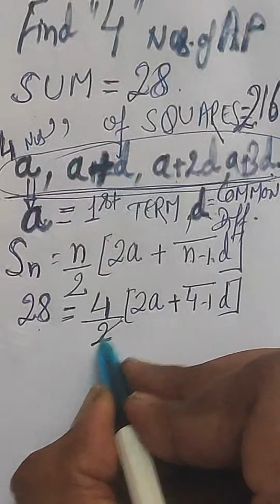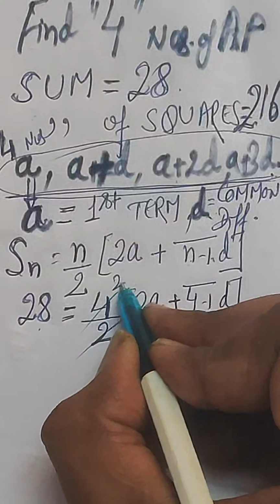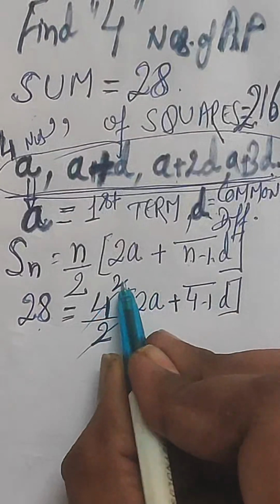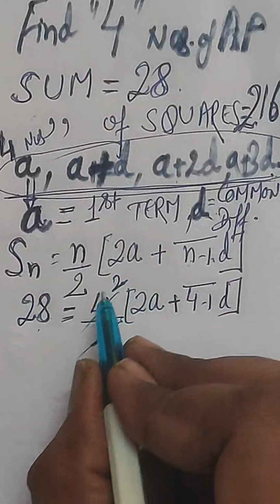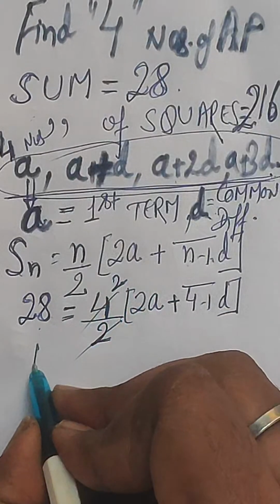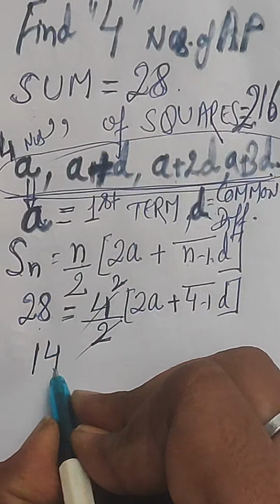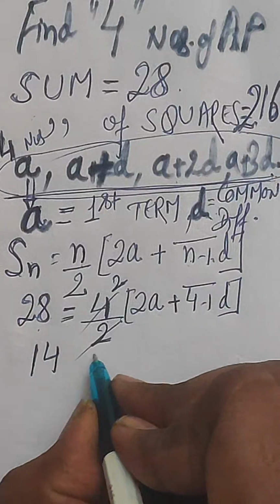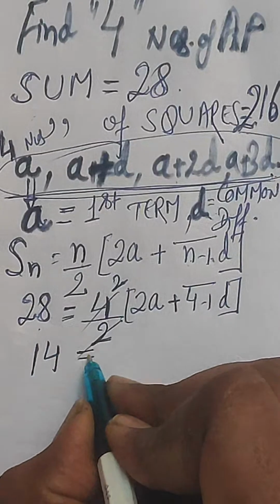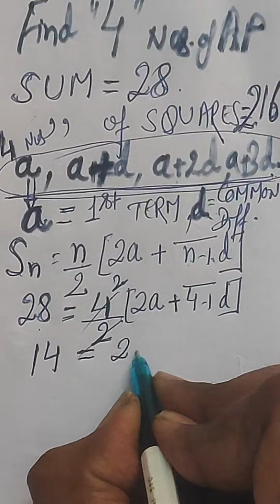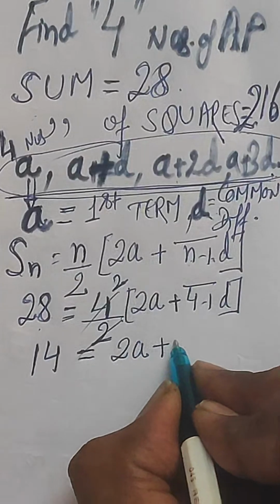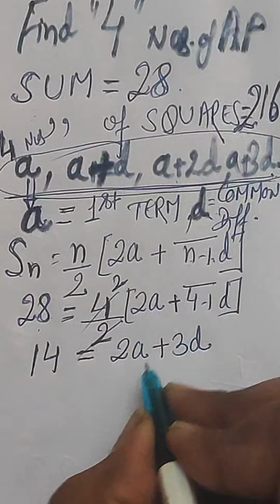Dividing 28 by 4 in 2 times, when 2 comes to the LHS it will be 14. I'm skipping the step. So 14 equals 2a plus 3d.